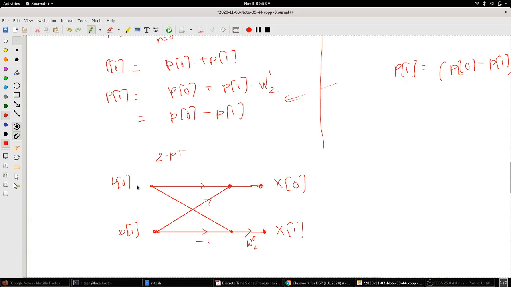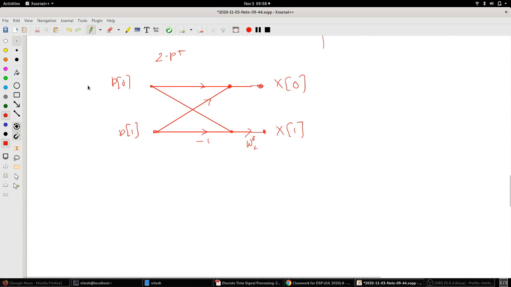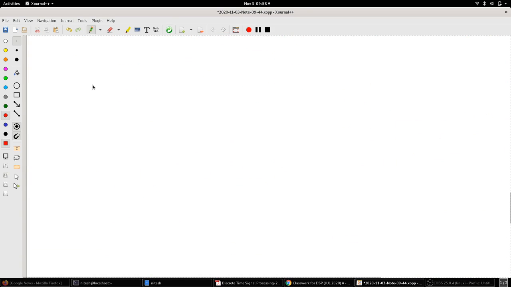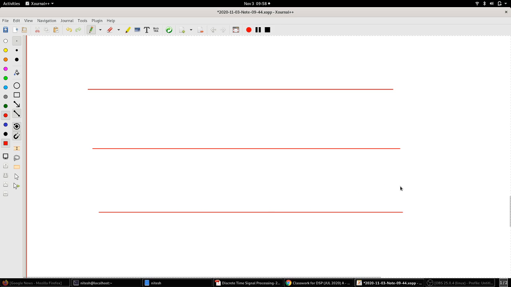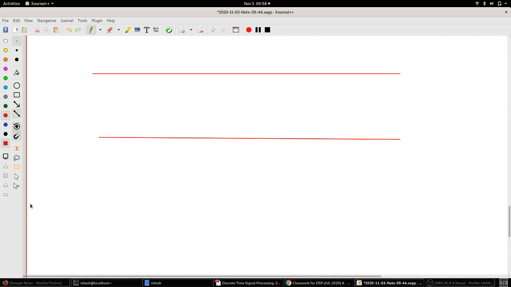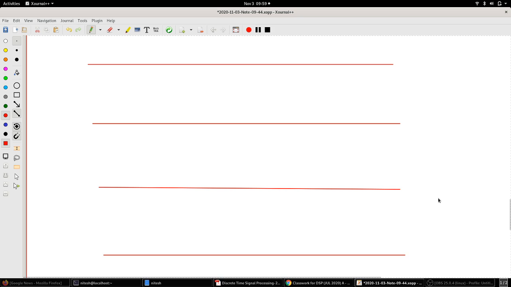So now let's draw a 4-point structure properly. Let's say I want to take a 4-point DFT of x of n, okay.